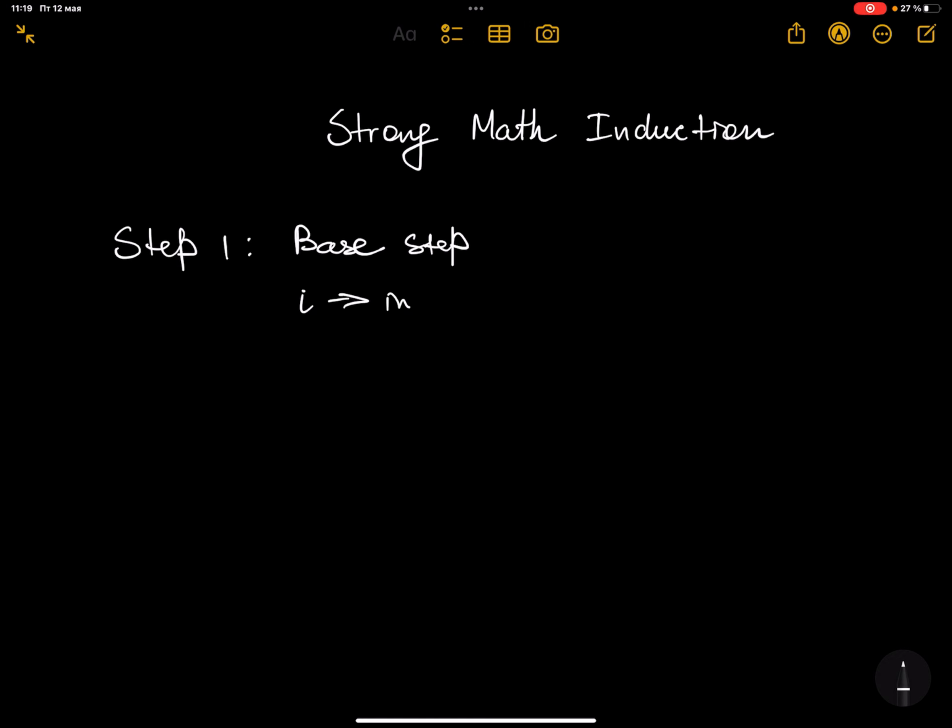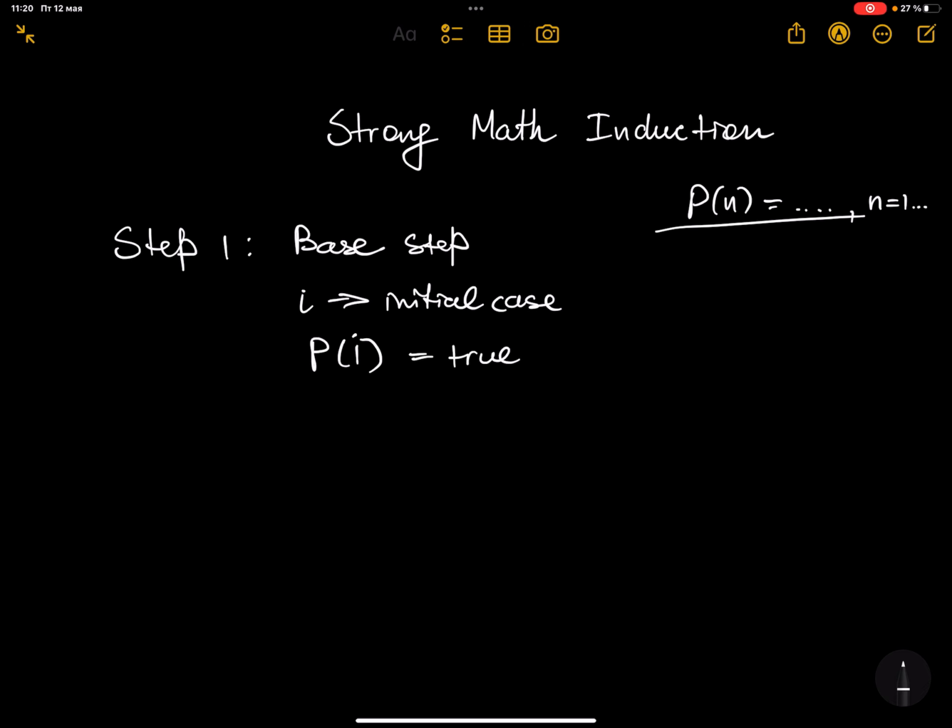Assume that we have this expression Pn, and for n equals 1, you have to prove that for this value of n, the certain statement is true. So firstly, you prove it for the initial case, not 1 but i, that it is true.